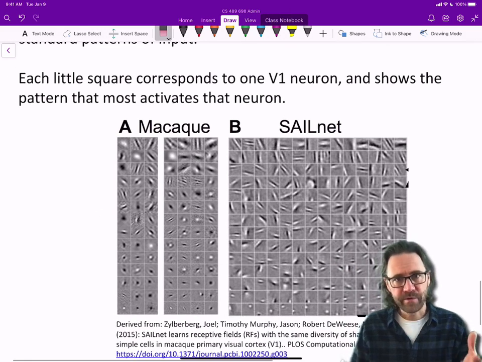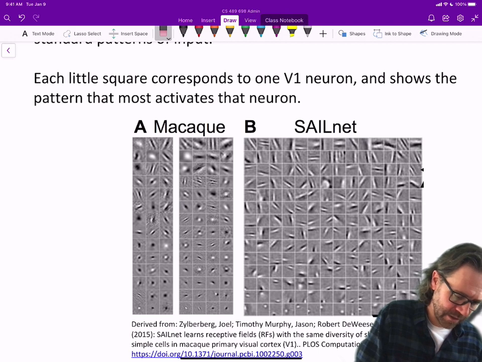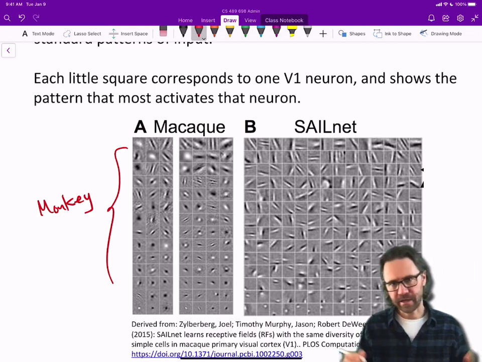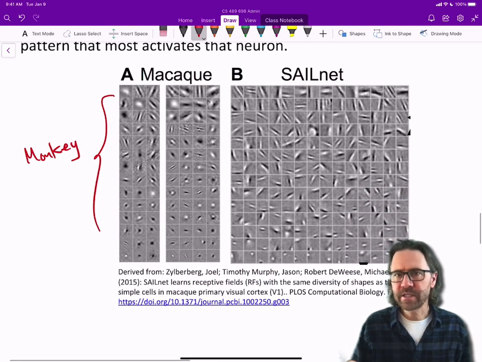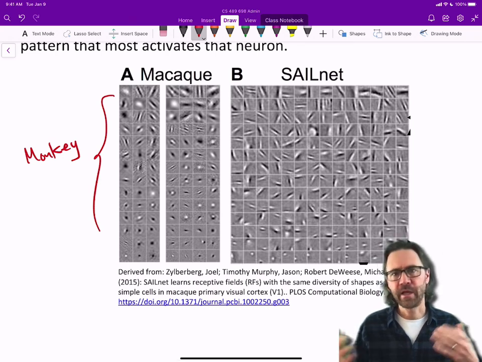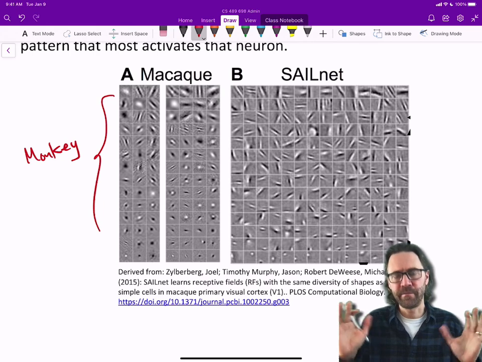So these are found in mammalian visual systems, and this is a monkey visual system, a macaque. This thing on the right, the sail net, I don't know much about this neural network. It's some sort of spiking, sparse neural network thing.